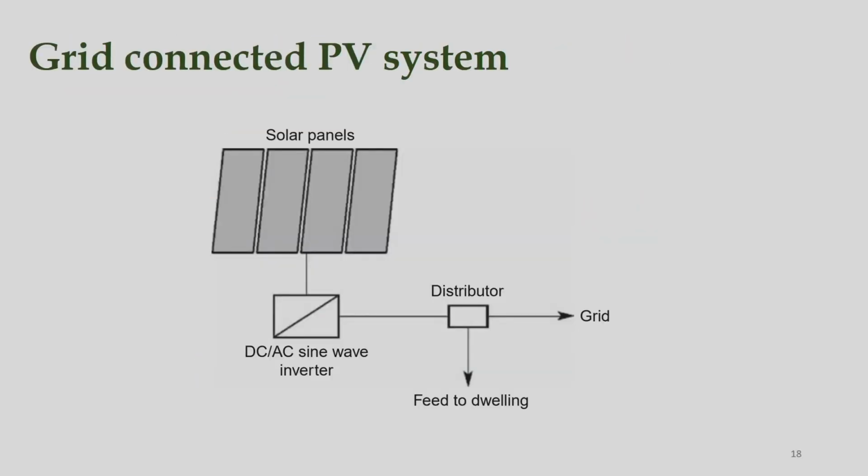Here it is shown about a grid connected PV system. In grid connected PV systems, we will have modules placed on the rooftop of a building, and then we have to have an inverter to convert direct current to alternating current. And nowadays one more very important component is called maximum power point tracking. This tracker is introduced in the inverter itself.